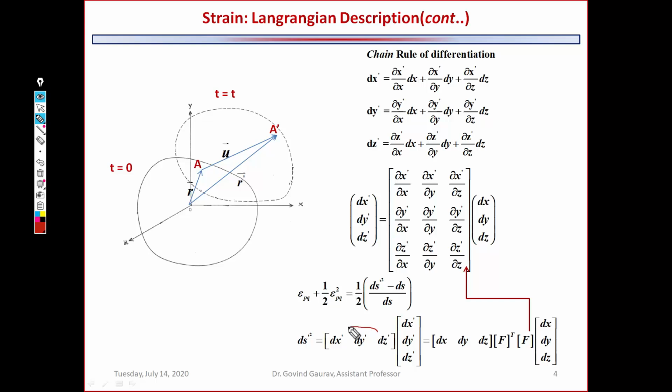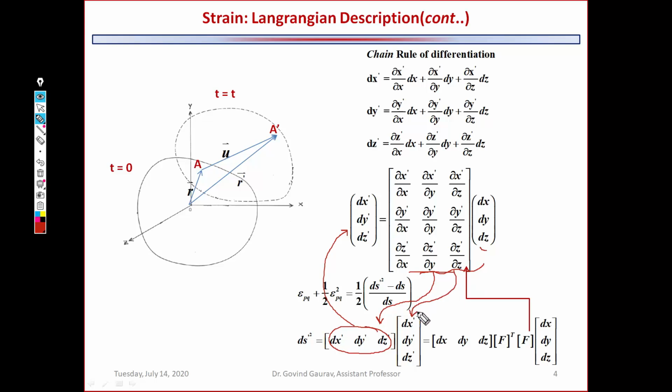We have calculated all these values with respect to the initial coordinate system. So what are these values? This one is dx prime, dy prime, dz prime, which is equal to this matrix multiplied by dx dy dz. We will put the entire values over here.